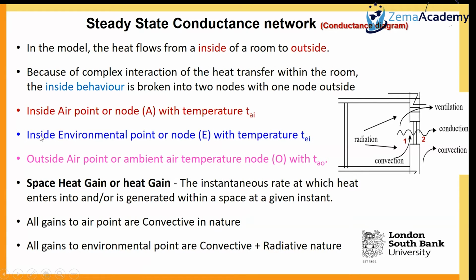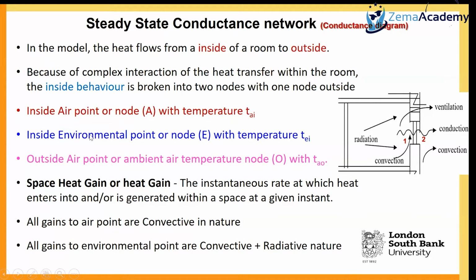The other node is inside environmental point or node E. So you can say it is air point or you can say it's node A. Similarly, environmental point or node E. And this node E has got a temperature TEI, which is environmental temperature. So you can see that the two temperatures inside the space are defined as the environmental temperature and inside air temperature, and you know that both these are different.